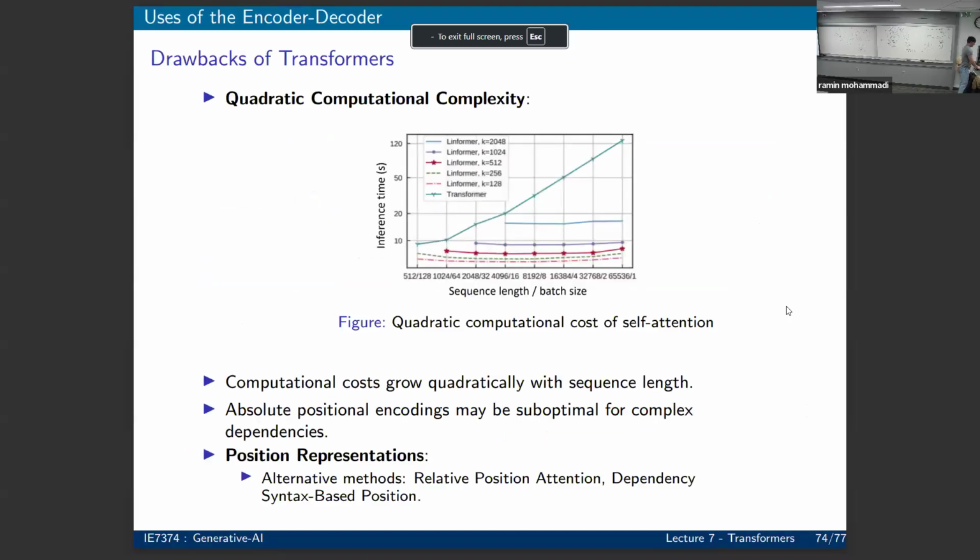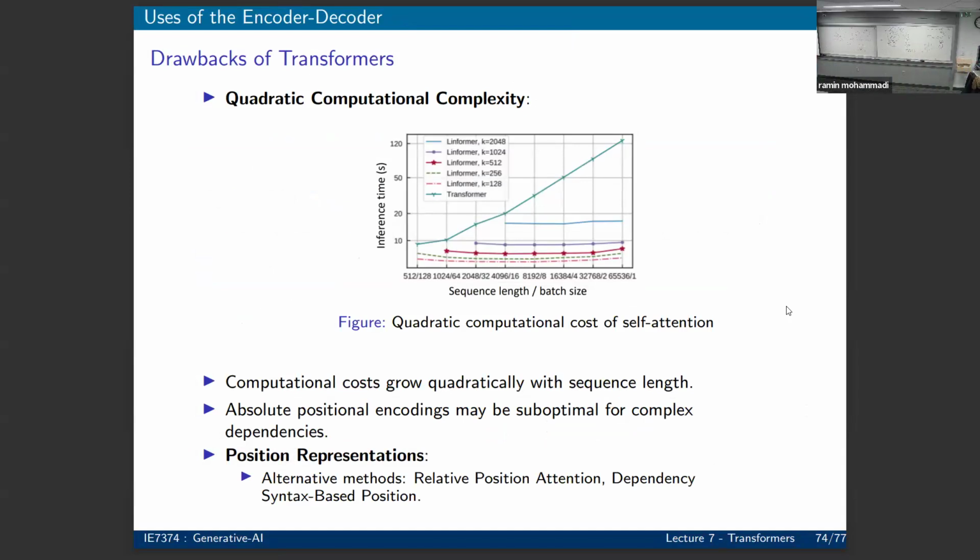Okay. Now, the drawback of these models is the quadratic computational complexity. The transformer itself has the highest complexity.